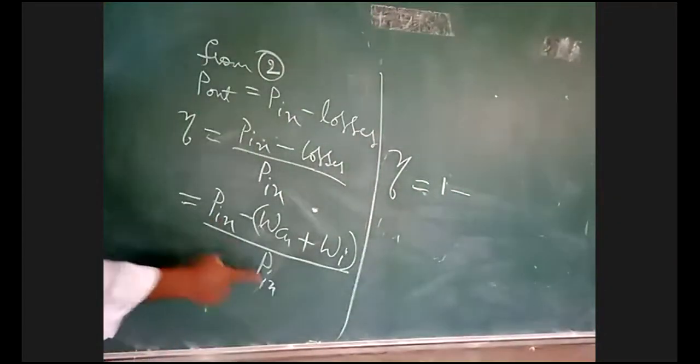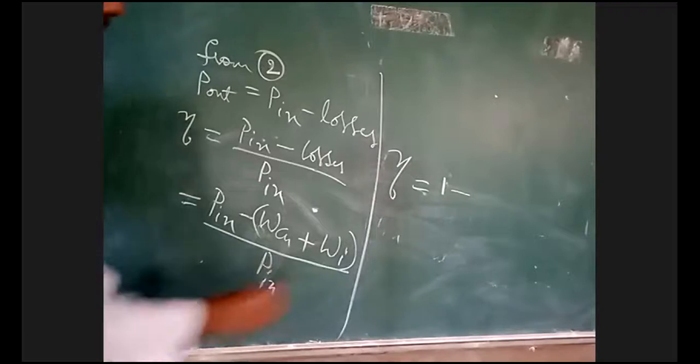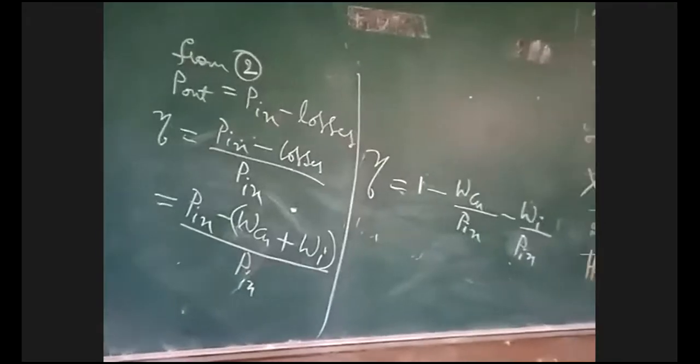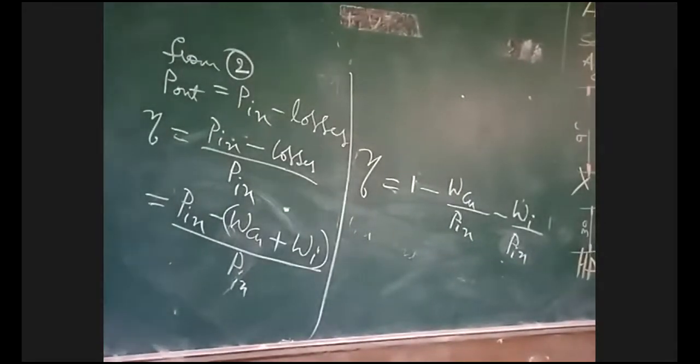Now see here, P in by P in is 1, minus WCu by input power, minus Wi by P in.